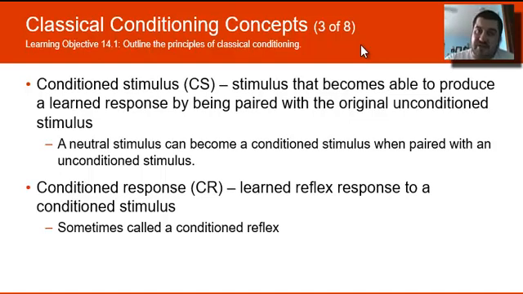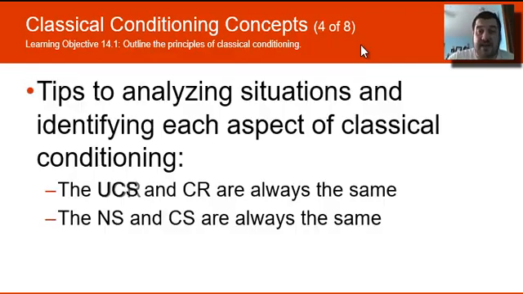It's important to know, and this is one of the tips, that the neutral stimulus will become the conditioned stimulus when it is paired with the unconditioned stimulus. And then the conditioned response is a learned reflex response to a conditioned stimulus. It's sometimes called a conditioned reflex. We're just going to call it a conditioned response for our class.